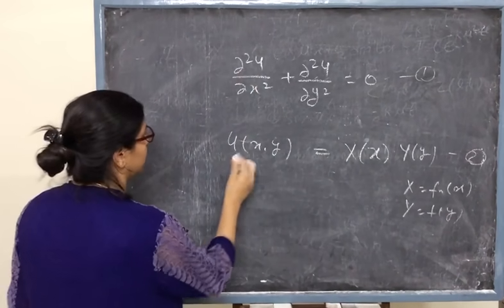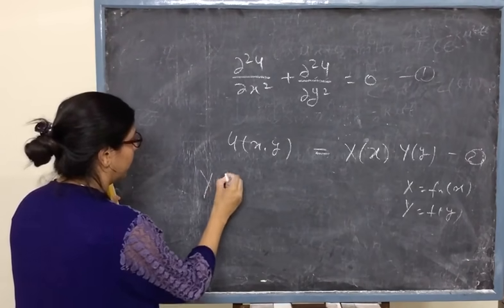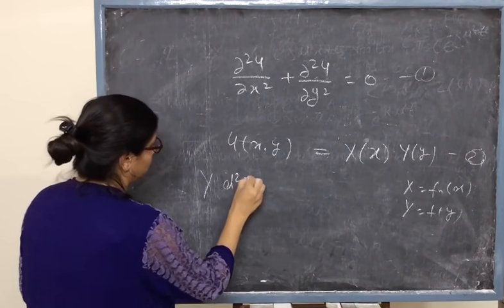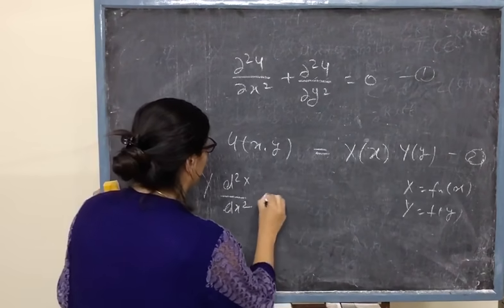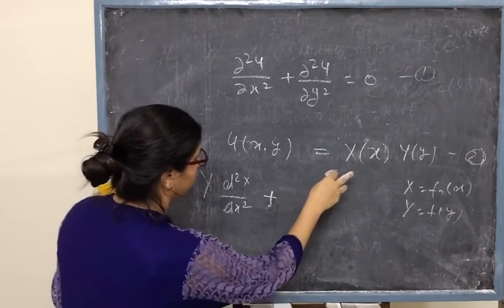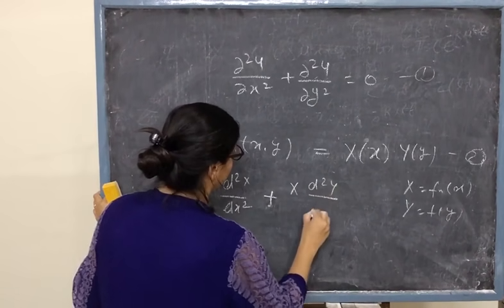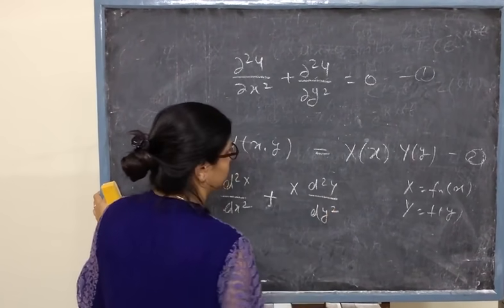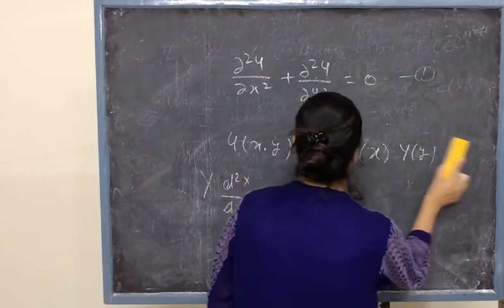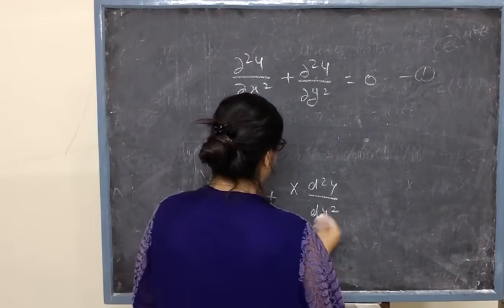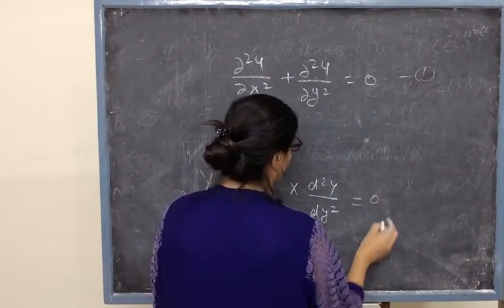We will get del 2u over del x square as Y d2X over dx square, plus del 2u over del y square as X d2Y over dy square equals to 0.